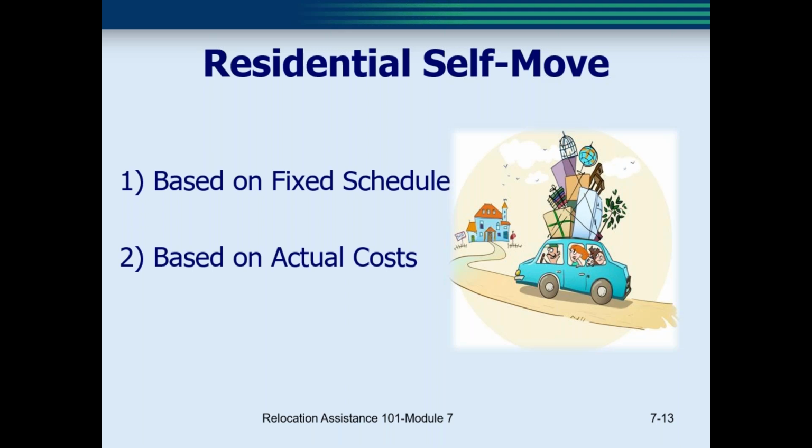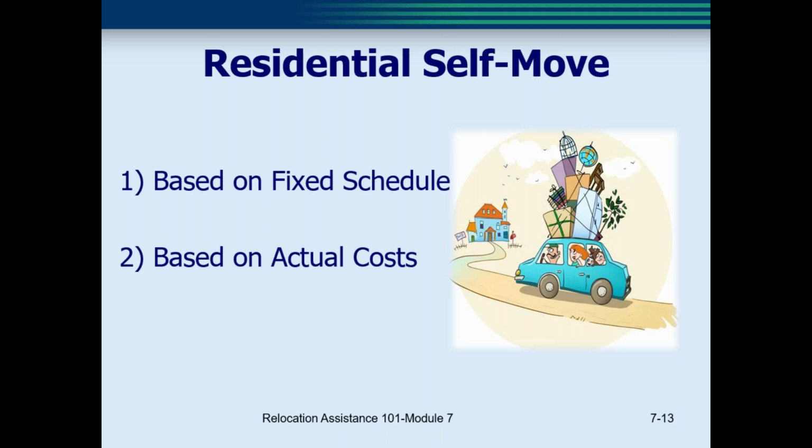Okay, so another option available to a residential occupant is a self move. In a self move, the displaced person is responsible for moving the personal property to the replacement site. Remember, in a commercial move, the mover does the moving. In a self move, the displacee is doing the moving.